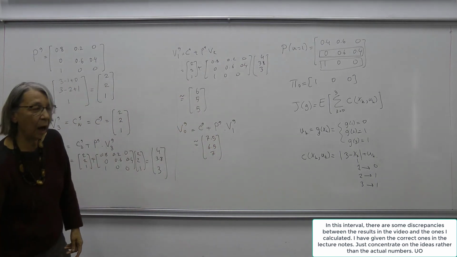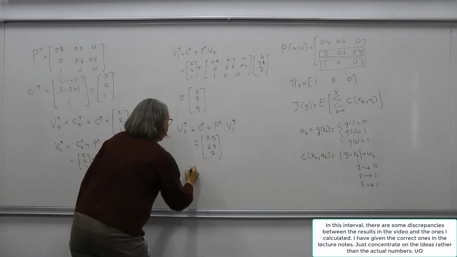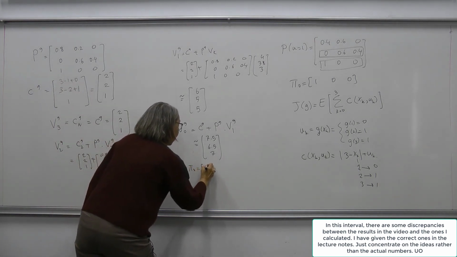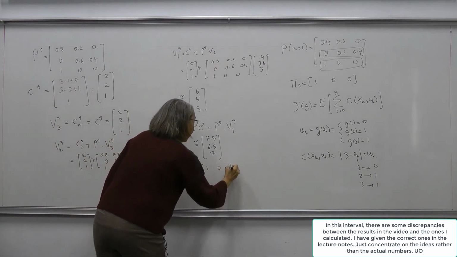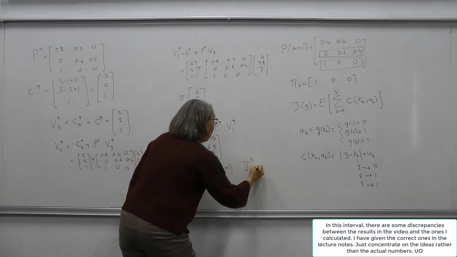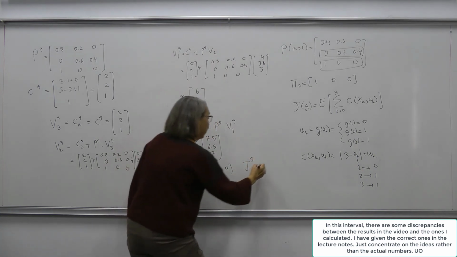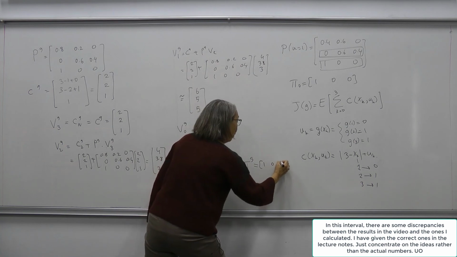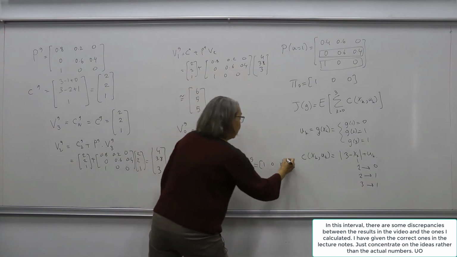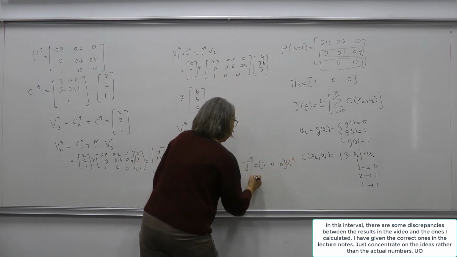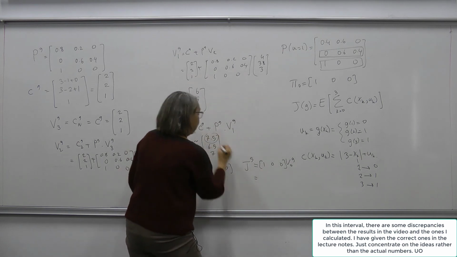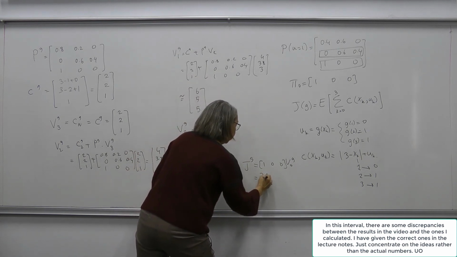Okay, since our initial state distribution pi 0 is given to us as 1, 0, 0, the overall objective value JG will be equal to 1, 0, 0 multiplied by this V0G, which is equal to 7.5 here.